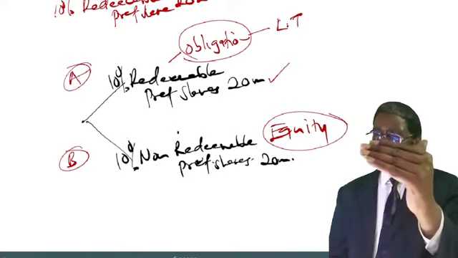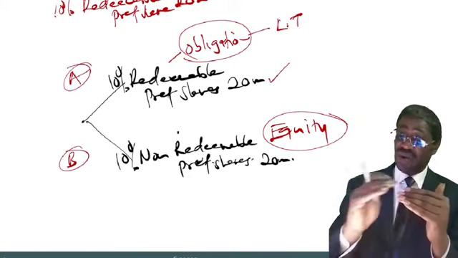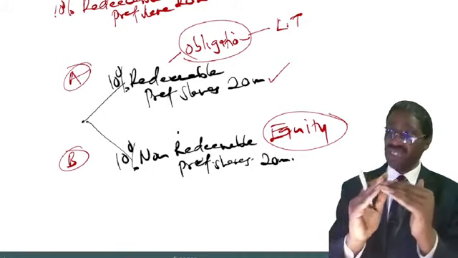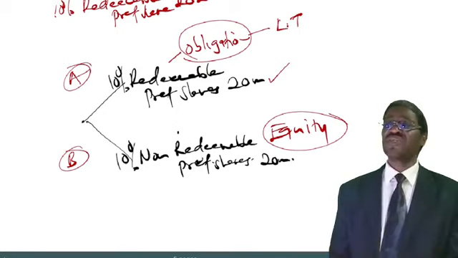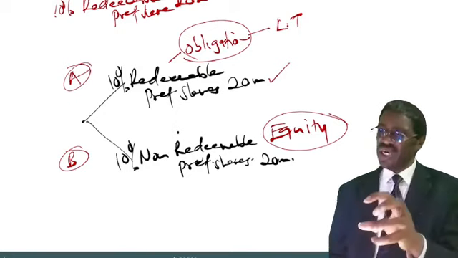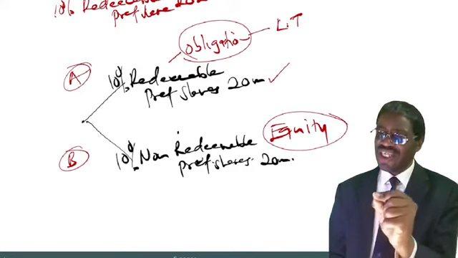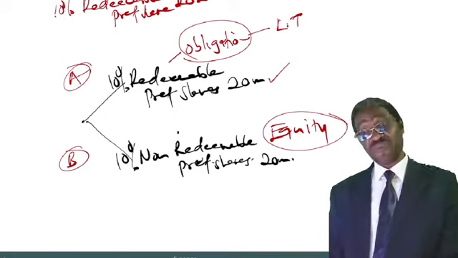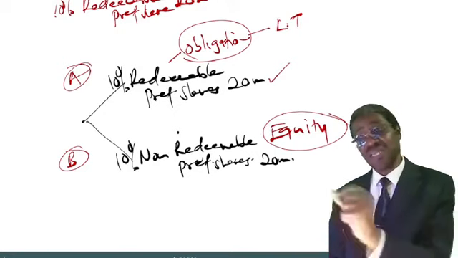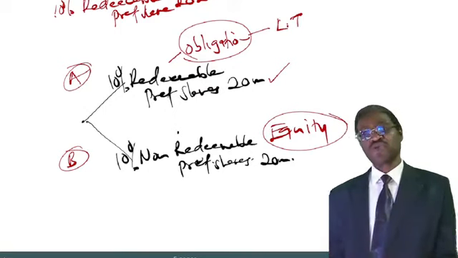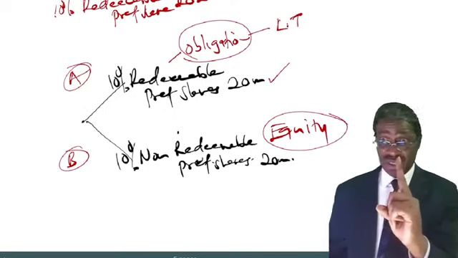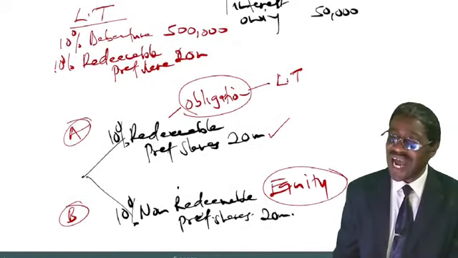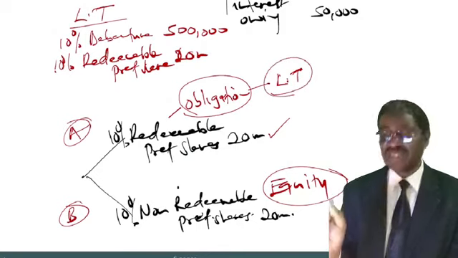That section where you normally show financed by, you say ordinary share capital, retained profit, share premium, general reserve, revaluation reserve in the balance sheet, that's where you also show the 10% non-redeemable preference shares. So for balance sheet purposes, redeemable preference shares go to the balance sheet as a long-term liability.